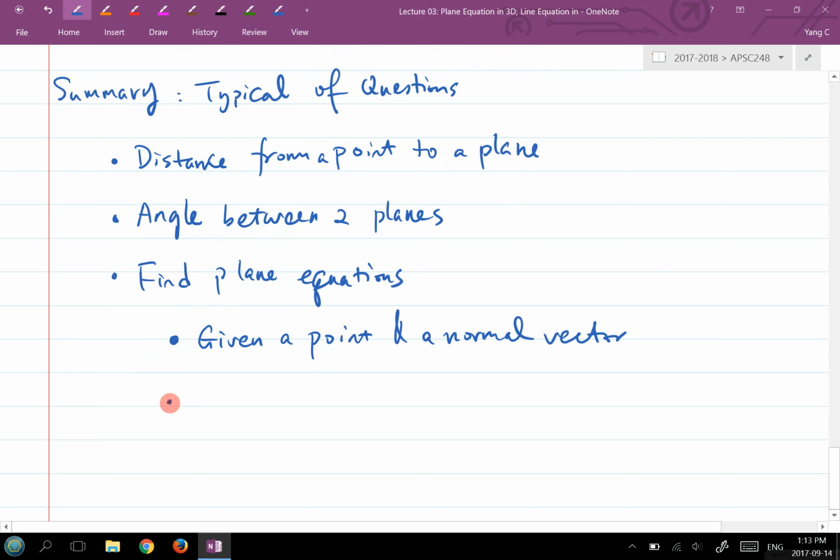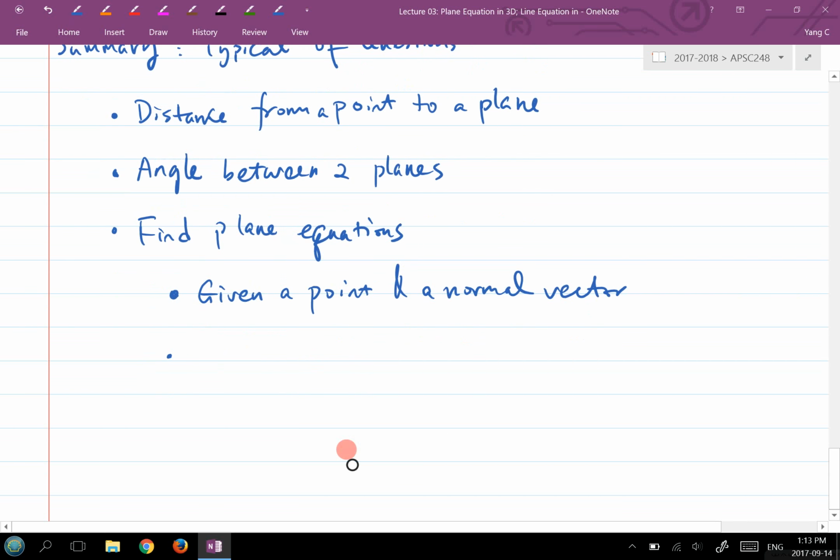So you've got a point and a vector. The point is on the plane, and the normal vector is perpendicular to the plane, so literally substituting into the formula for the plane equation, you get the plane. Another scenario: you're given a point, but instead of a normal vector, you're given another parallel plane.